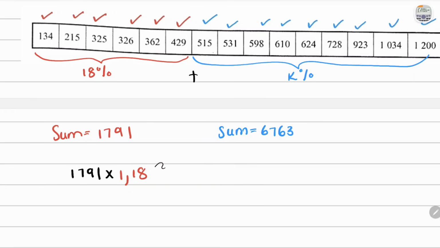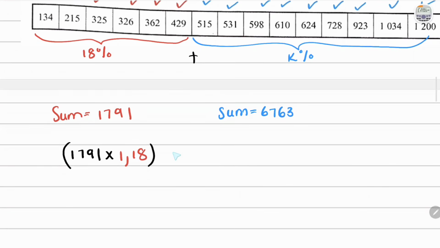So this is a calculation on its own first. And then we will add it to this amount because they are still part of a whole of the 15 values. But we're just going to calculate their increases separately since they're increasing by two different percentages.